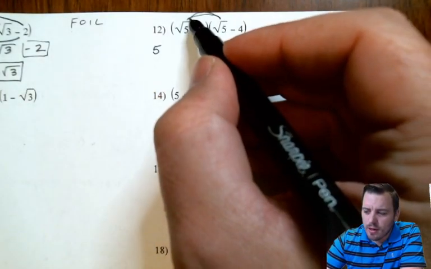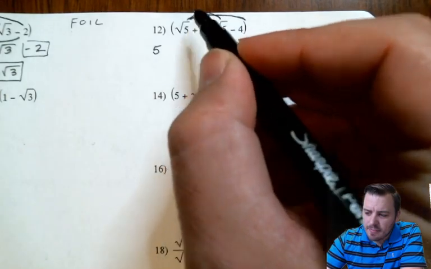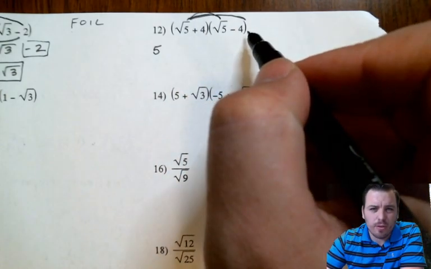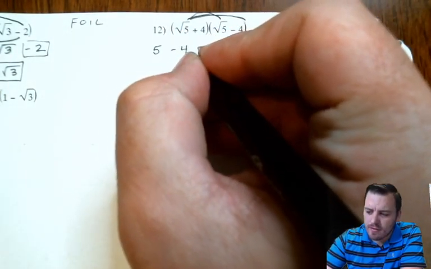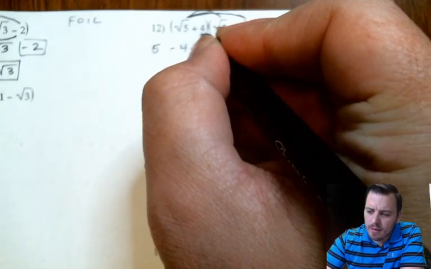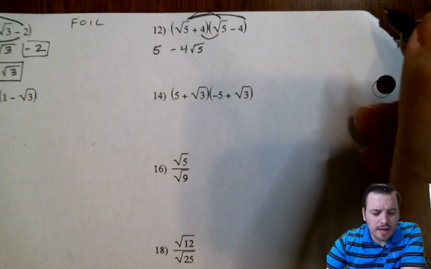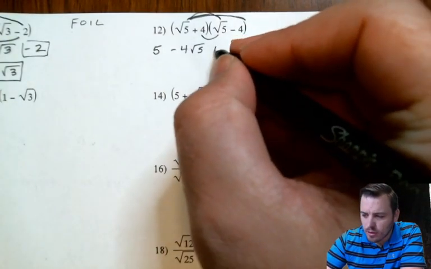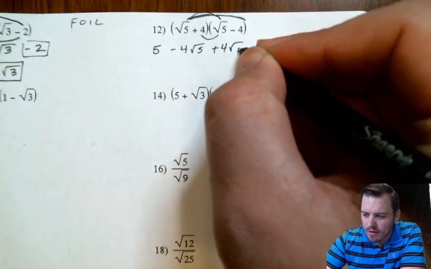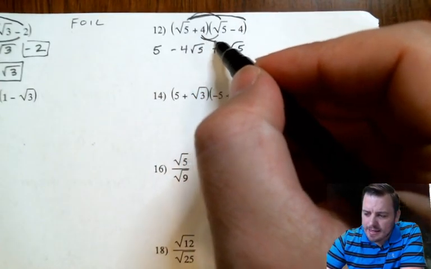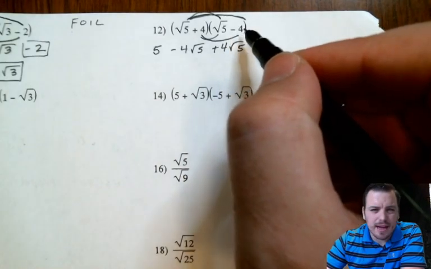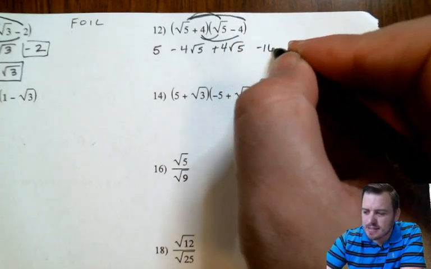Then I go outside. Radical 5 times negative 4 is just negative 4 radical 5. Go inside. 4 times radical 5 is just simply plus 4 radical 5. And then last is 4 times negative 4, which is negative 16.